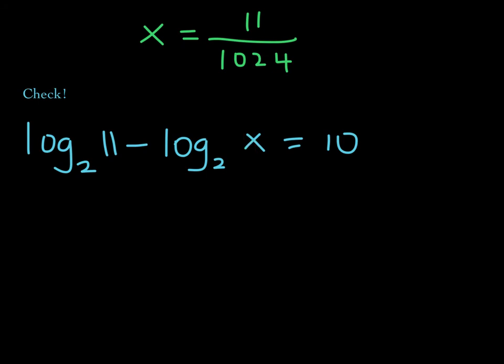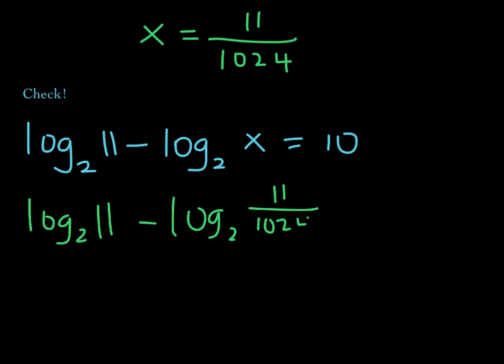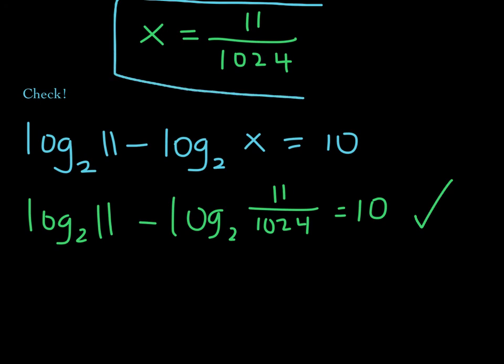So in other words, when I do log base 2 of 11 minus log base 2, right here, of 11 over 1,024, this is valid because the argument is positive, of course, because you're plugging in a positive number for x. So I know right now that plugging in this solution does not give me a negative argument, so this is valid. So this here is my one and only solution.